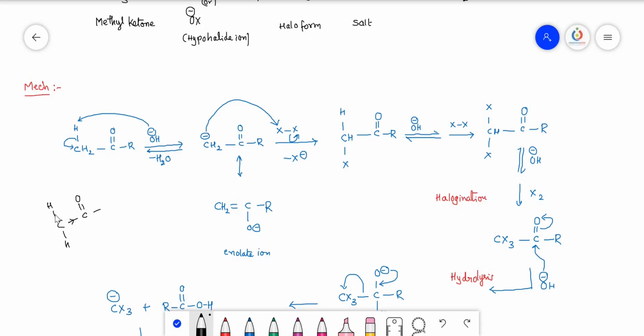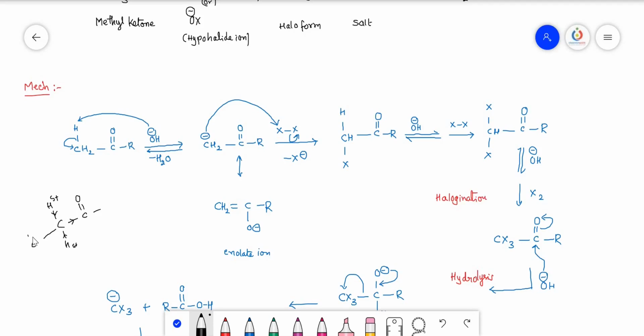To reduce its partial positive charge, carbon tries to withdraw the electrons from the hydrogens which are connected to it. As a result, the hydrogen-carbon bonded electrons will be located closer to the carbon, so that hydrogen gets a partial positive charge. So the OH minus ion we are using here can easily abstract the hydrogens that are connected to the carbon which is connected to the electron withdrawing group.